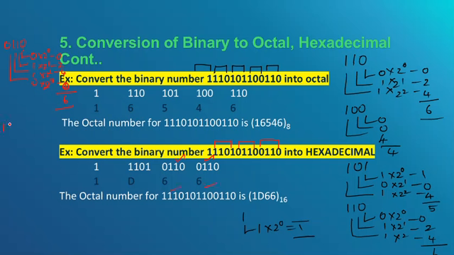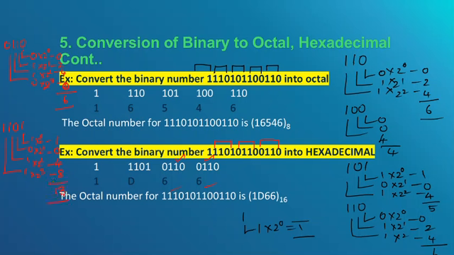Similarly for 1101, it is 2 power 0, 2 power 1, 2 power 2, 2 power 3. So you will get 1, 0, 4, and this will be 8. So it is 13.